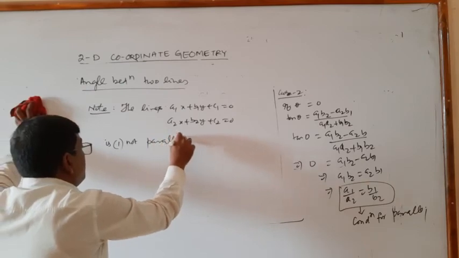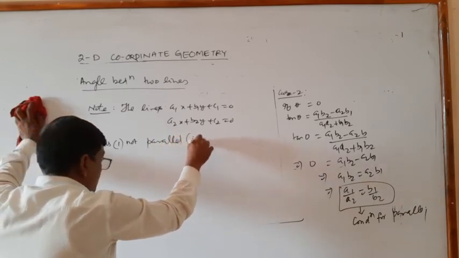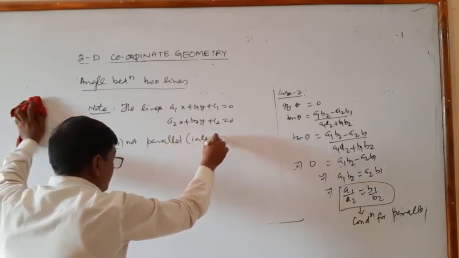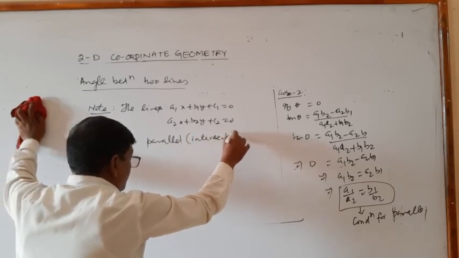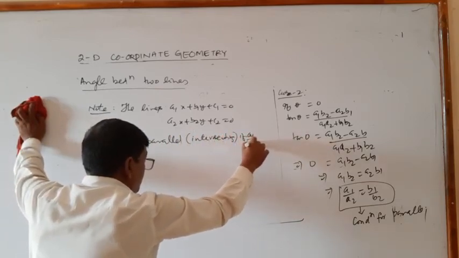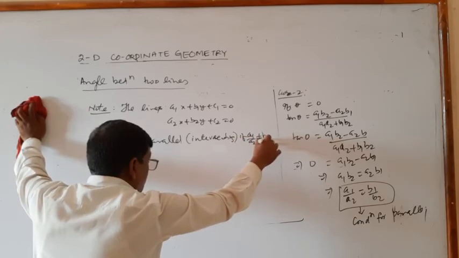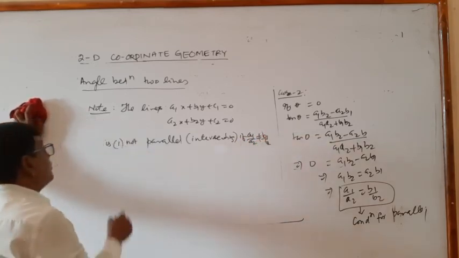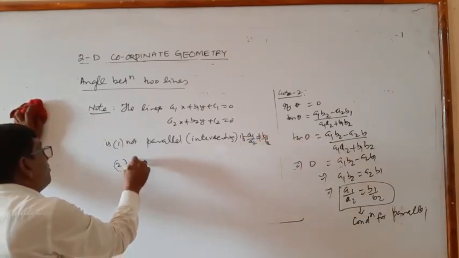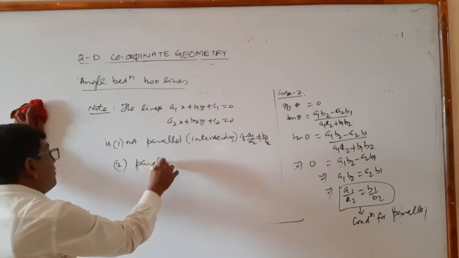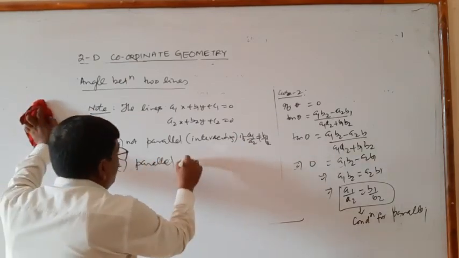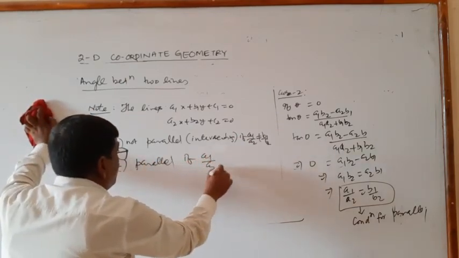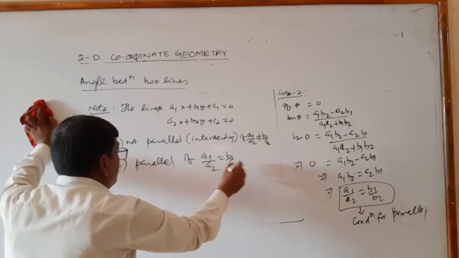Not parallel means intersecting, if a1 by a2 is not equal to b1 by b2. Number 2, parallel if a1 by a2 is equal to b1 by b2.